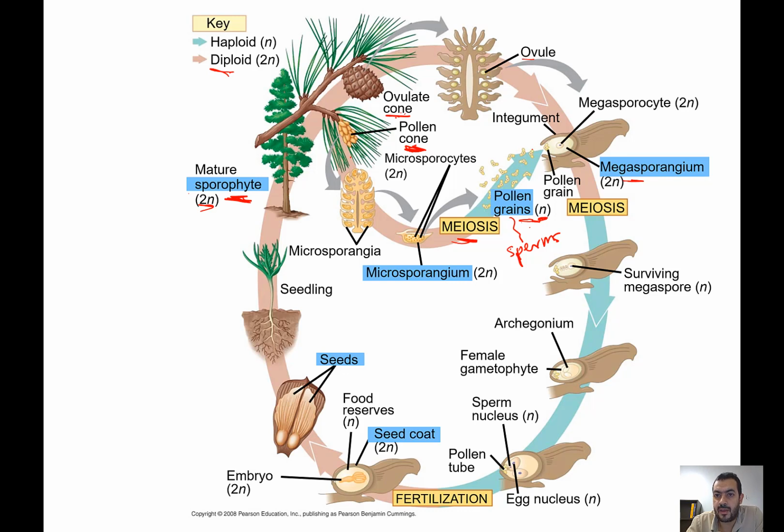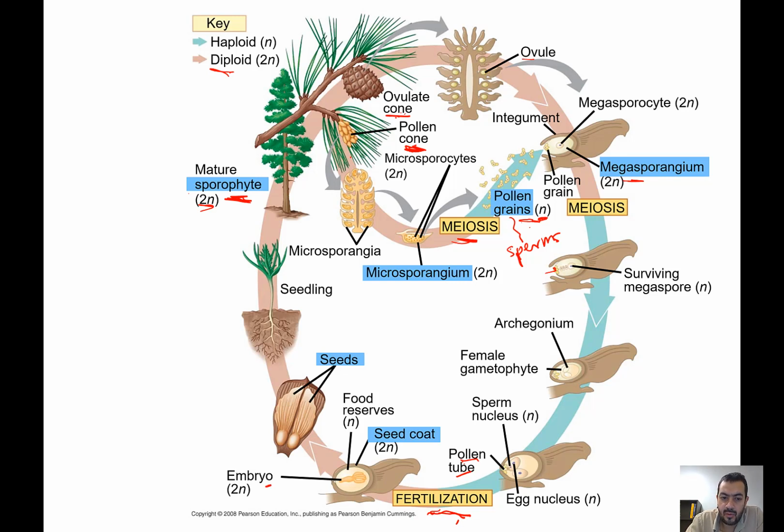And once they land on this megasporangium, they can enter the megasporangium like that, and that will give the ability of the sperm to mature. It will form this pollen tube, and then fertilization will happen, giving us the embryo.